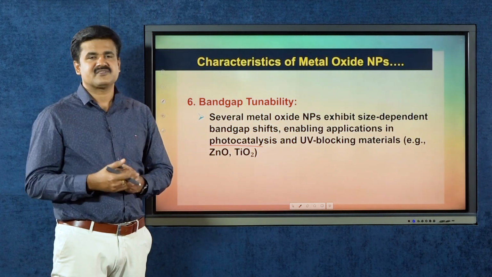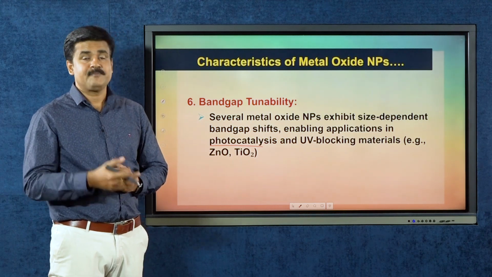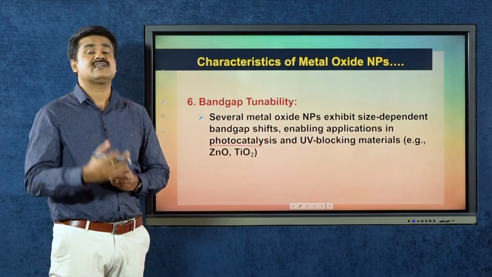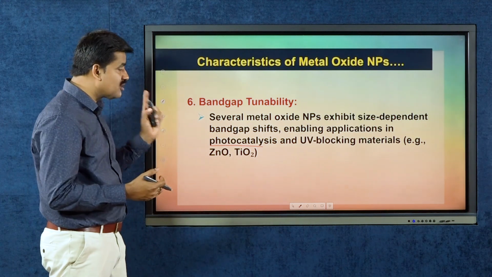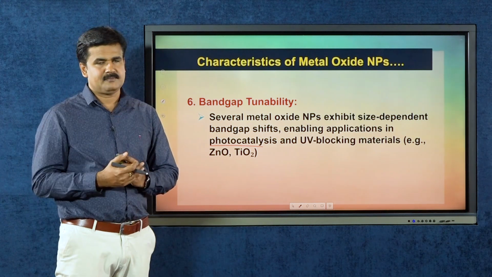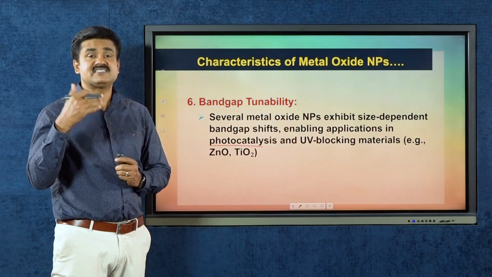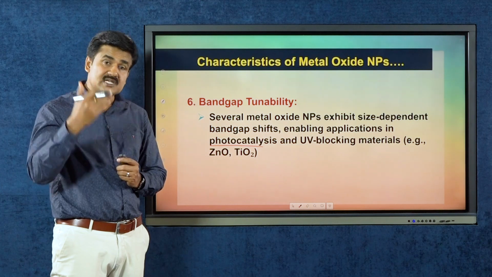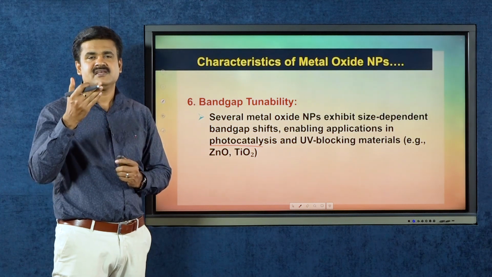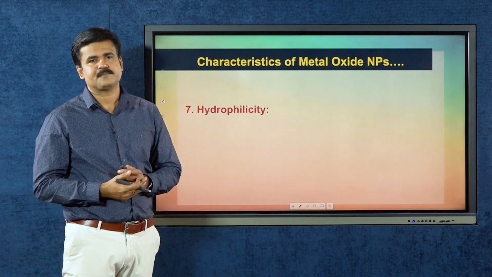This is because certain sized zinc oxide nanoparticles can absorb harmful ultraviolet radiations. Their photocatalytic activity also relies on the band gap. So, band gap is tunable by size. If we change the size, band gap changes. So, with a suitable band gap, we can experiment that material for photocatalysis.